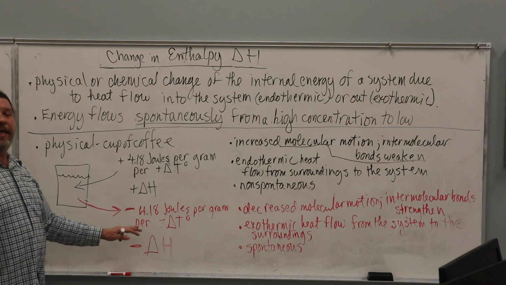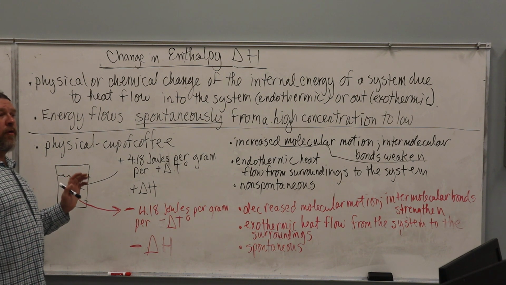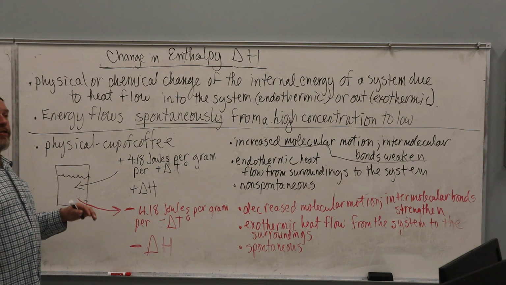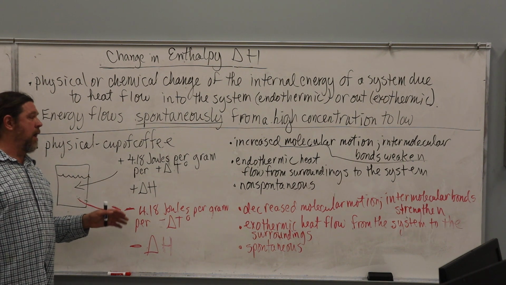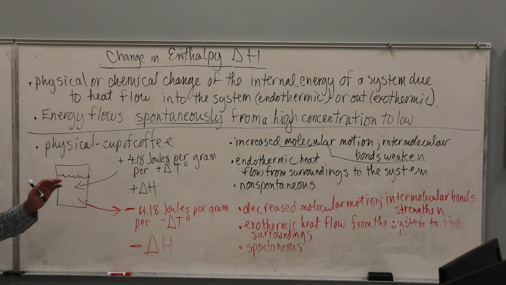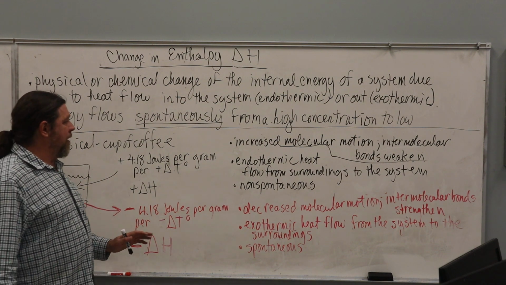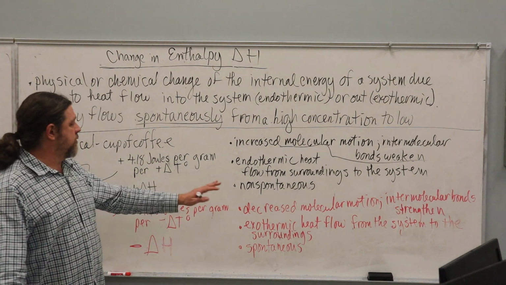So specific heats are the same whether the energy is flowing in or the energy is flowing out. So the standard of specific heats of steel will be the same going in or out, water going in or out, and so forth. That's standard. You're just simply changing positive or negative. We have, in this case, an exothermic flow of heat from the system to the surroundings.